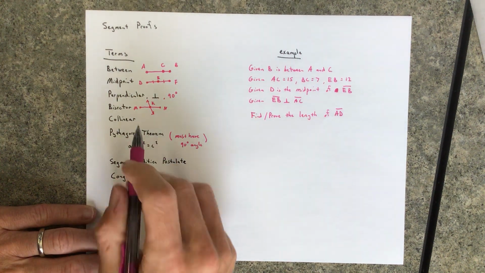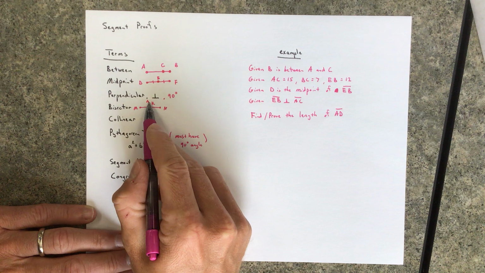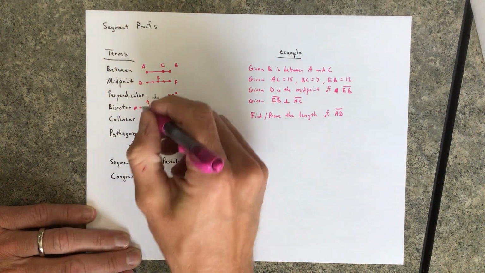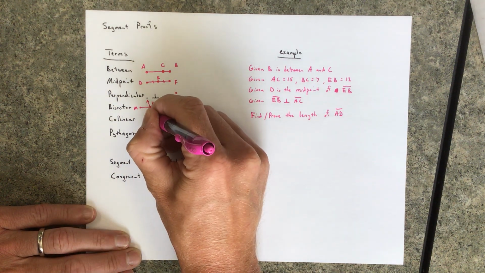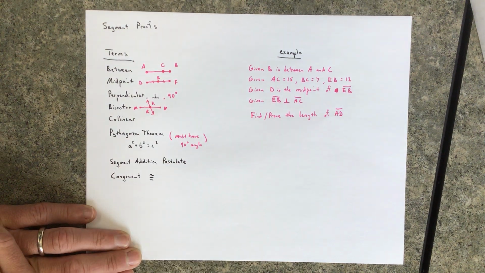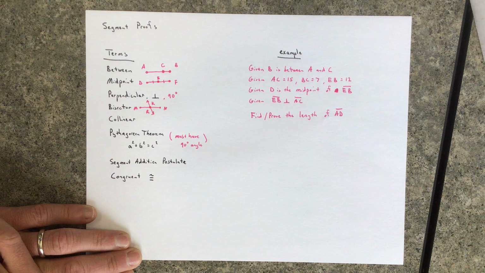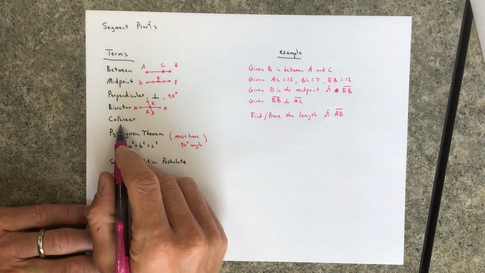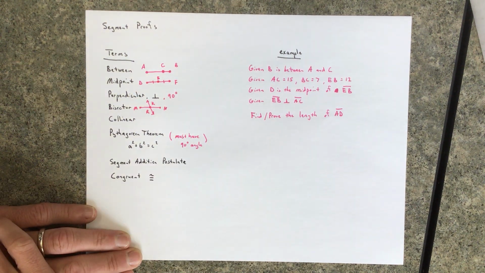So this would have to be a new letter, because K was line K, so maybe that's letter R. Then I would know MR is congruent to RN, which means the length of MR is equal to the length of RN. Collinear is just, they're all three on the same line.